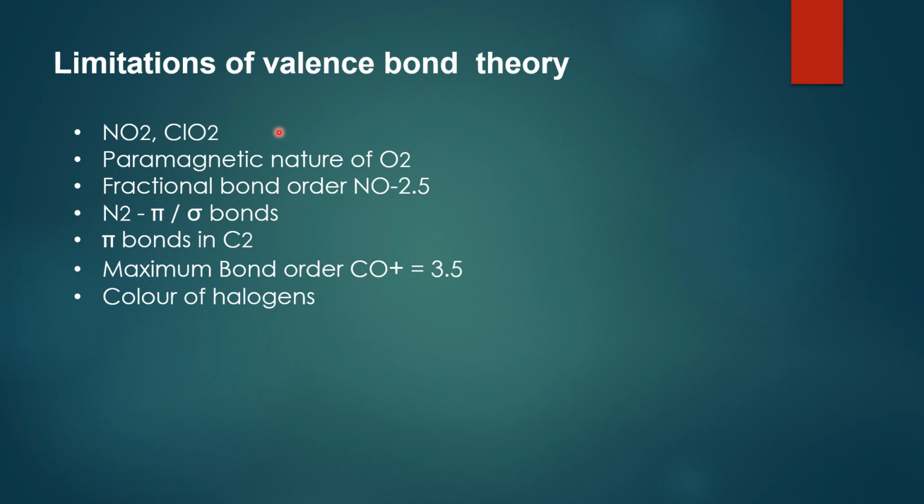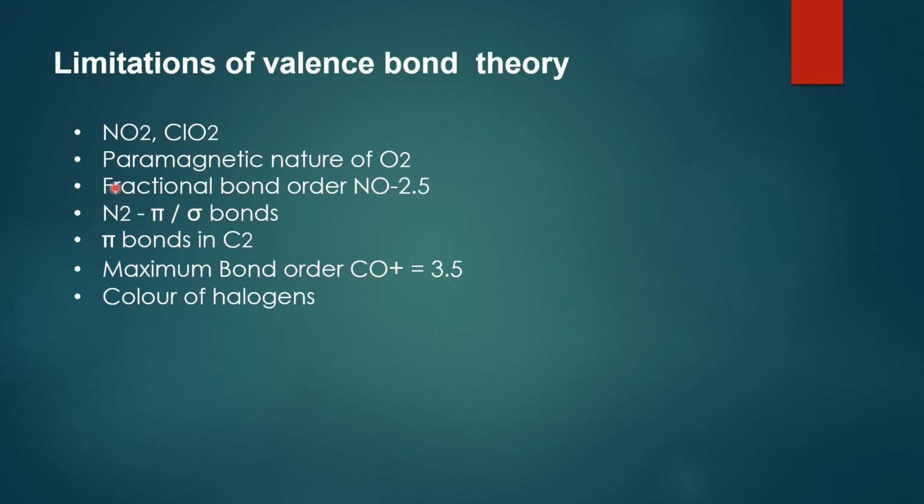According to valence bond theory, O2 is a diamagnetic substance, but experimentally O2 exhibits paramagnetism. That paramagnetic nature of oxygen is not explained by valence bond theory. It was a very important limitation of the valence bond theory.